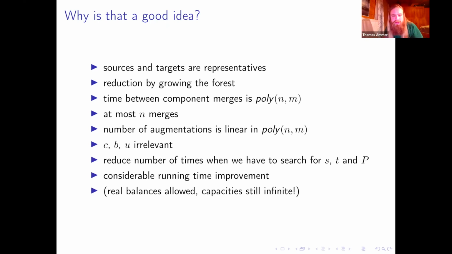That's a considerable improvement. The good thing about Orlin's algorithm is that it can deal with real valued balances, in contrast to the capacity scaling method, where the balances need to be integral, but still the capacities need to be infinite.